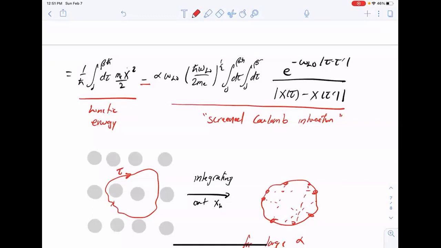We can't actually solve for the partition function. That nonlinearity makes that difficult. However, this treatment due to Feynman of the polaron problem can be approximated very well using a variational expression of the partition function.